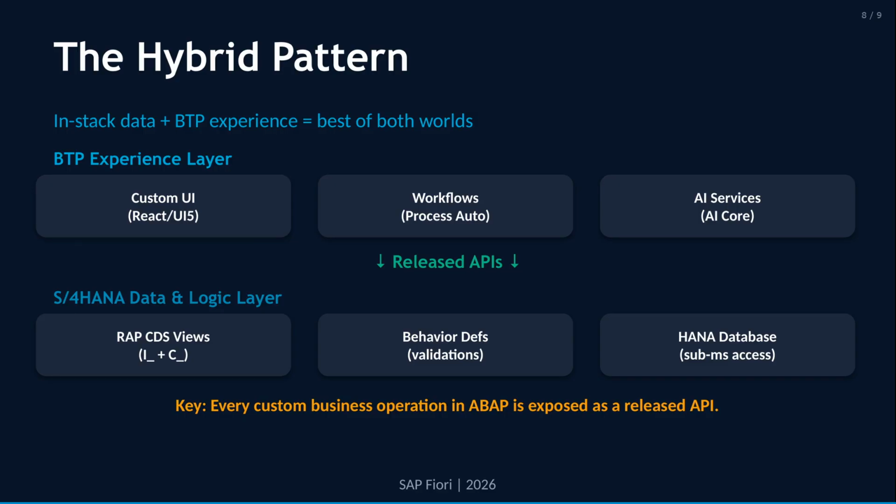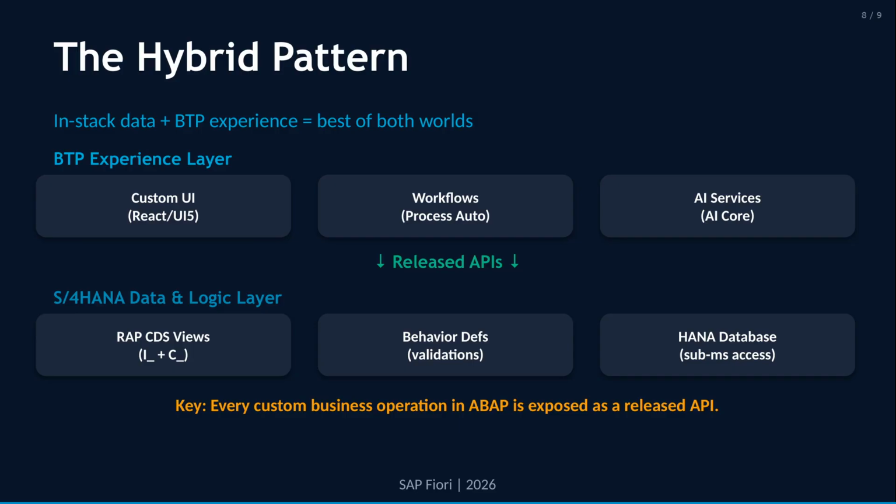In-stack ABAP with RAP provides the data and business logic layer, exposed through released OData services. BTP provides the experience and integration layer, custom UIs, workflow orchestration, event-driven integrations, and AI services. This gives you the performance and transactional integrity of in-stack ABAP with the flexibility and cloud-native capabilities of BTP.